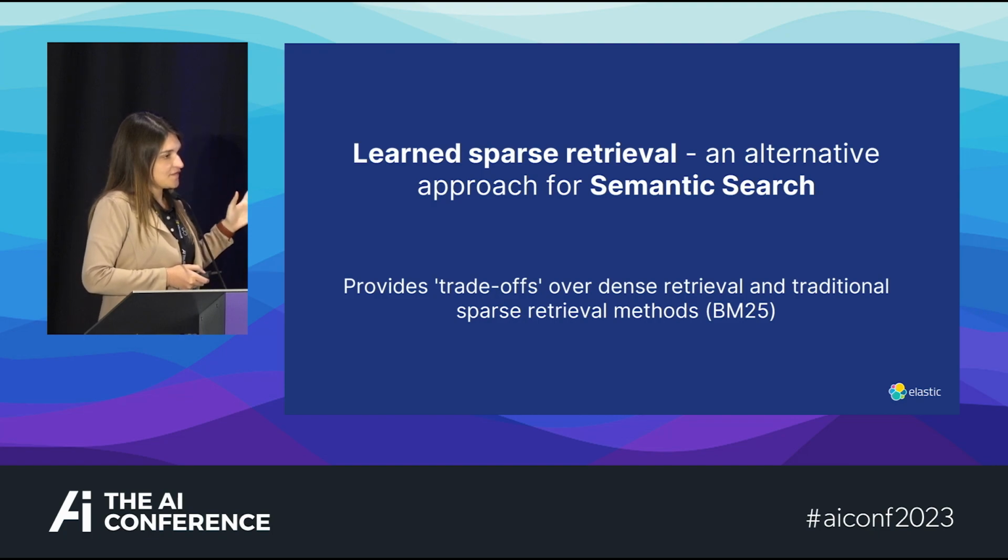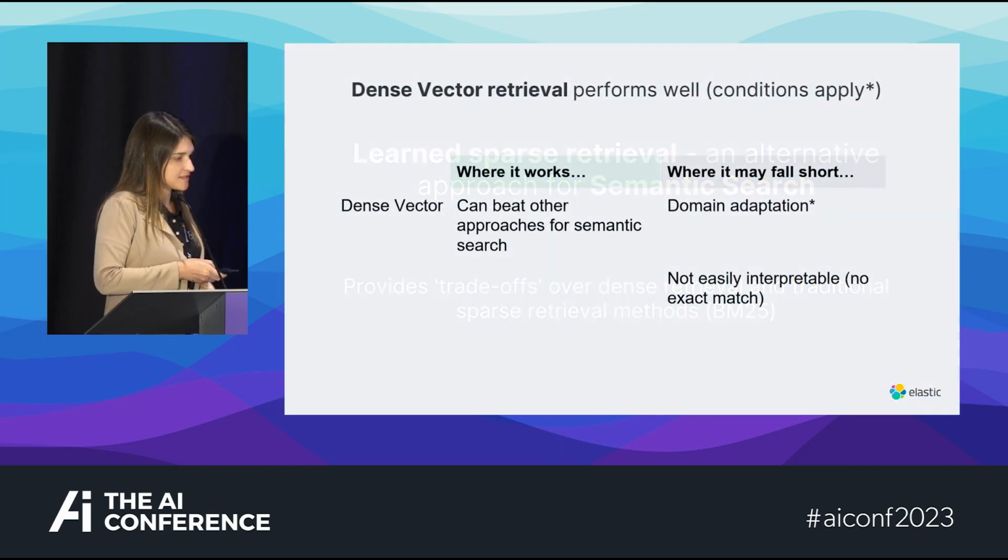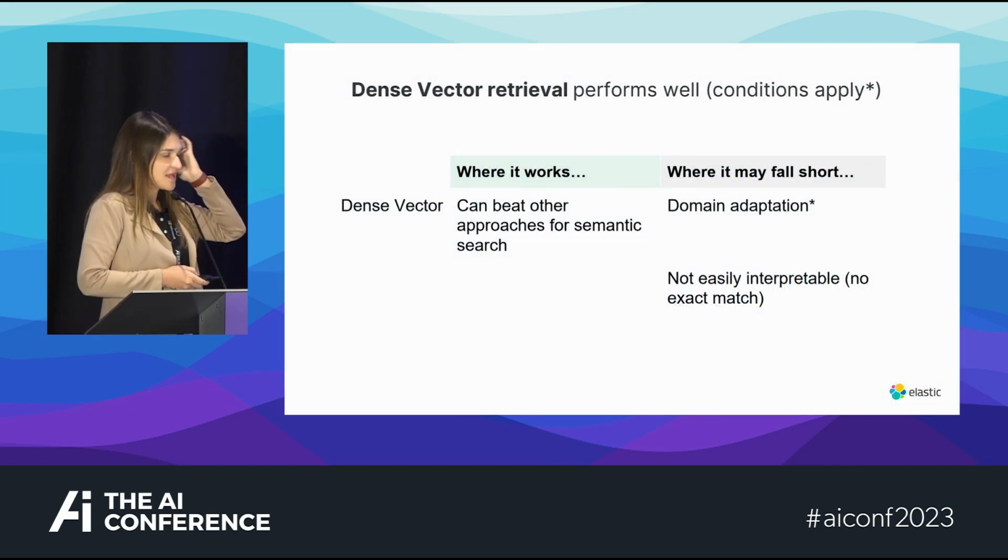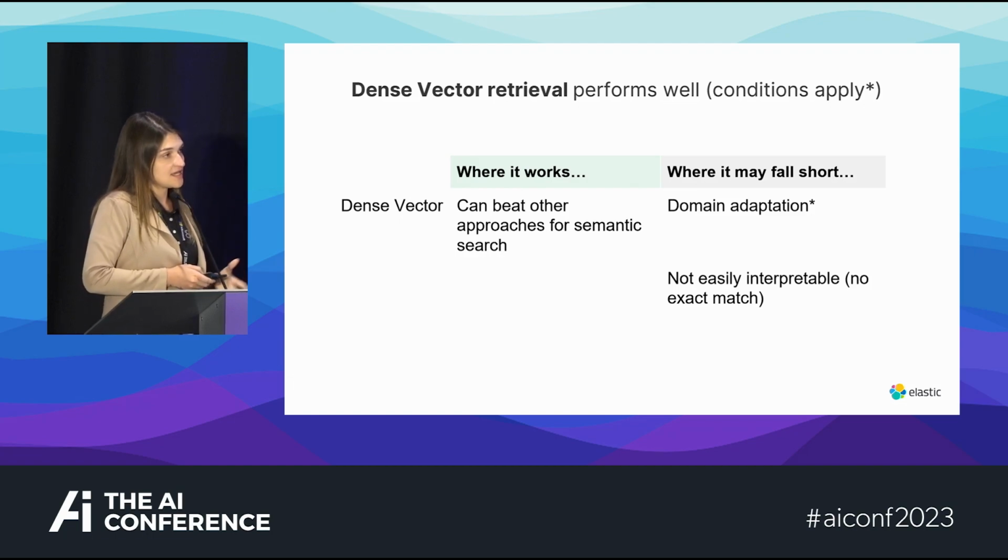Here is something that I like to talk about. Usually when I tell people about semantics, they want to do this, and then when I tell them about all of these points, domain adaptation and not being easily interpretable, they ask me, well, is there another way?